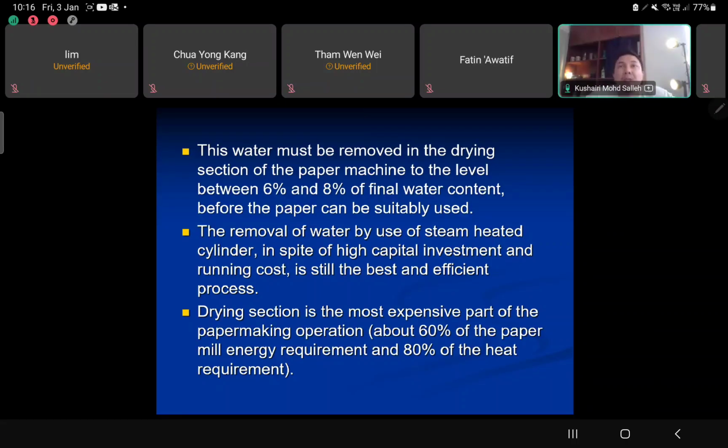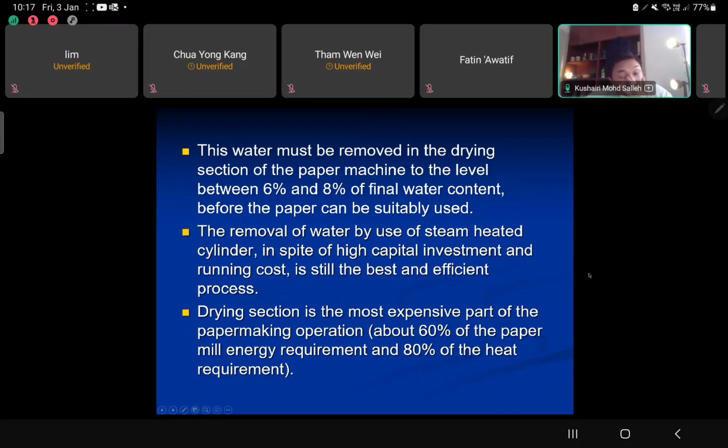So we need to remove the moisture content, and the targeted moisture content of the paper is about 6 to 8% before the paper can be suitably used. Usually the paper that you hold has a moisture content of about 6 to 8%, depending on the relative humidity. So the removal of water by use of steam.